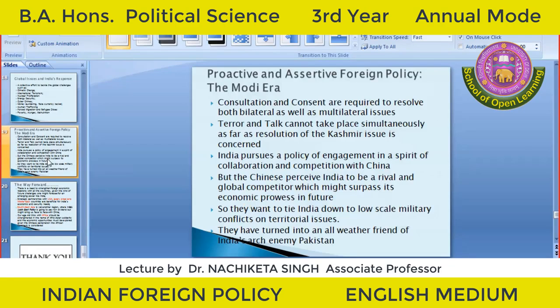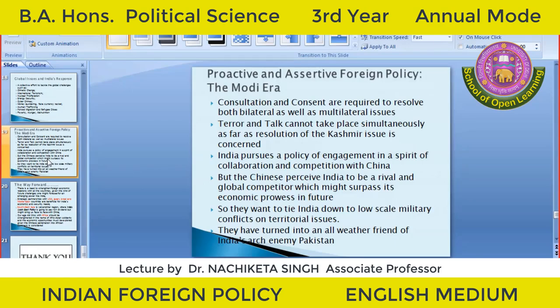That means we believe in dialogue, discussion, and mediation to resolve international disputes, whether it is bilateral or multilateral. So our core idea rests on our belief in the merit of democratic methods of talks, discussion, dialogue, and so on.